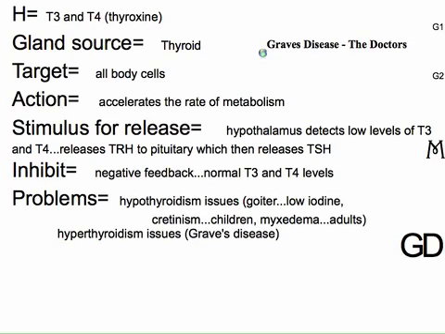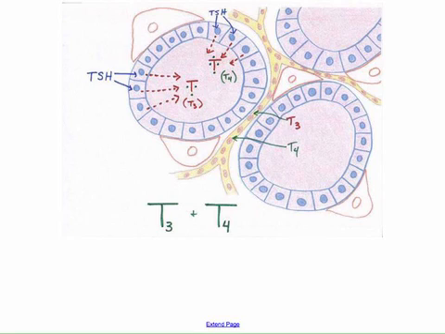One is if I have low levels of iodine, I'm not getting enough iodine maybe in my diet, then I could form what's called a goiter, and I'll show you a picture of that later. Cretinism is when I have low T3 and T4 levels in children, and myxedemia is in adults. Again, low levels of T3 and T4. If I have high levels or hyperthyroidism, that could result in something called Graves' disease. And again, we'll talk about these in class.